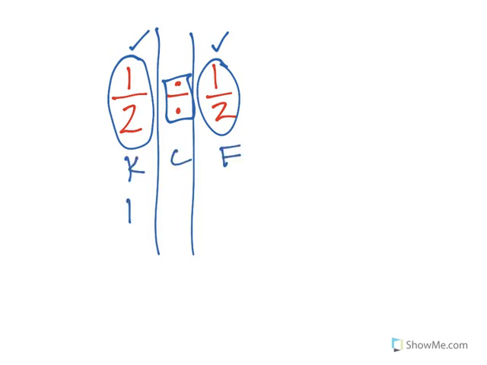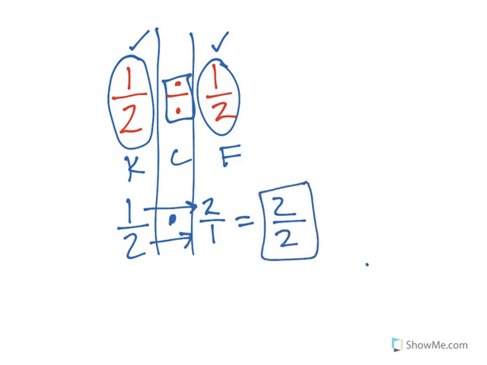All right, keep your first number, 1/2. Change division to multiplication. Flip your second number, which is your reciprocal. Flip it to 2 over 1. All right, let's multiply. 1 times 2 is 2. 2 times 1 is 2. What is 2 over 2? That's 1 whole. That's your answer.